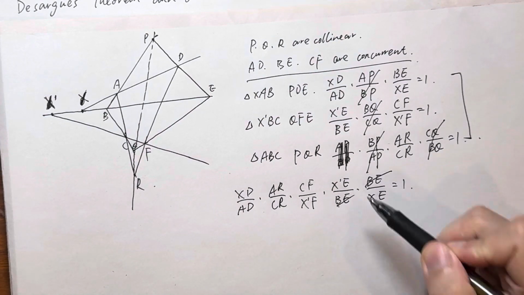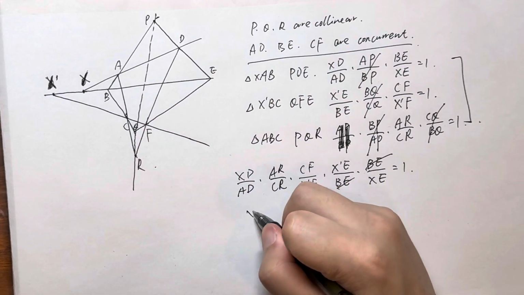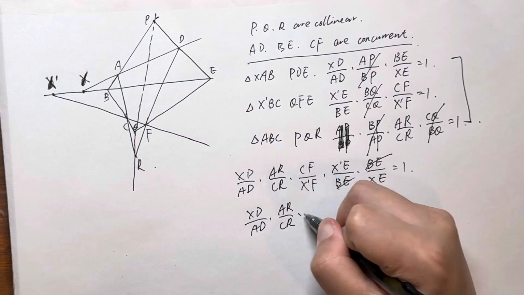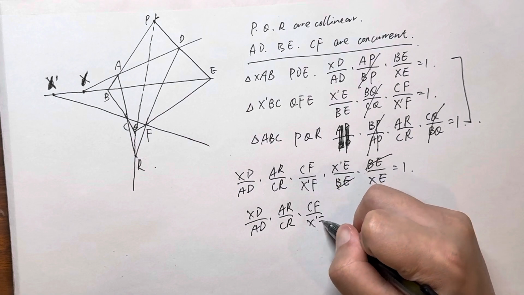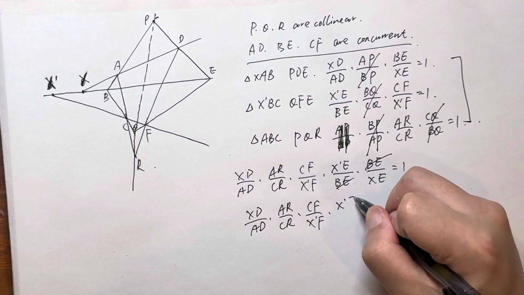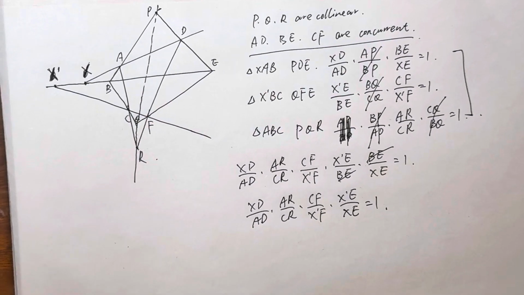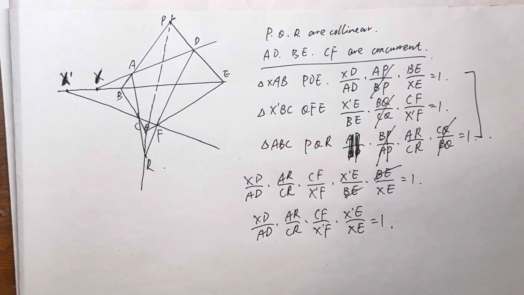So BE and BE cancel. So we have XD to AD times AR to CR times CF to X prime F times X prime E to XE equals 1. Right, that's what we have.